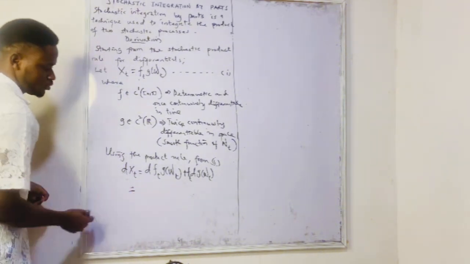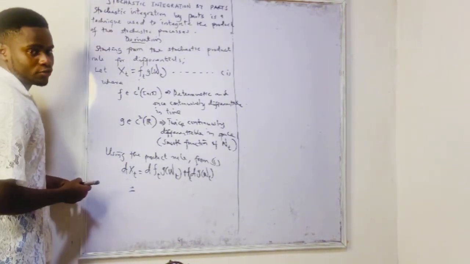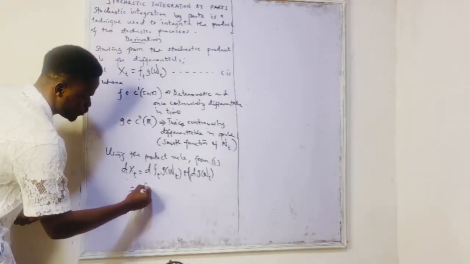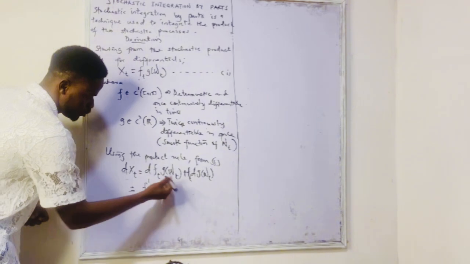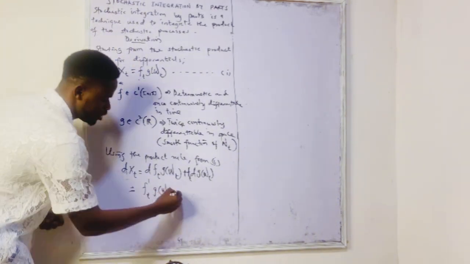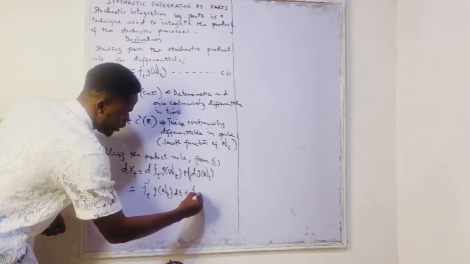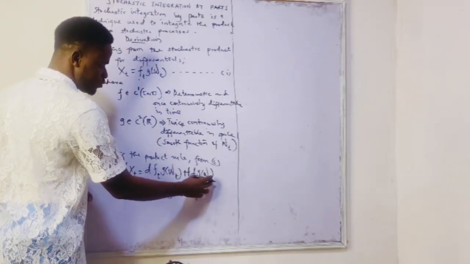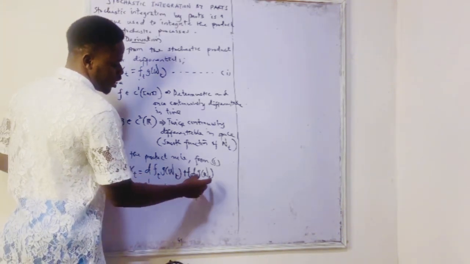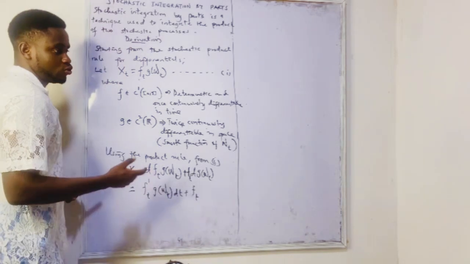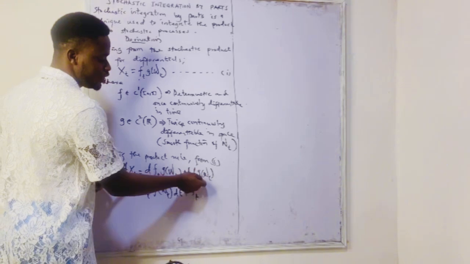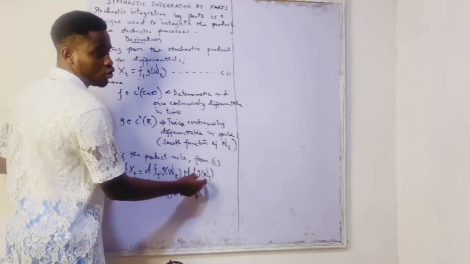Now, let's try and expand this. The df of t is simply equal to f prime of t dt. Because we are having this joined, let's take it together. So that will be f prime of t g of W sub t dt plus f of t times d of g of W sub t. The definition of this follows the Taylor series theorem. However, in the case of the Taylor series, it is a function of a deterministic variable, but because this involves a Wiener process, it is a function of a random variable.